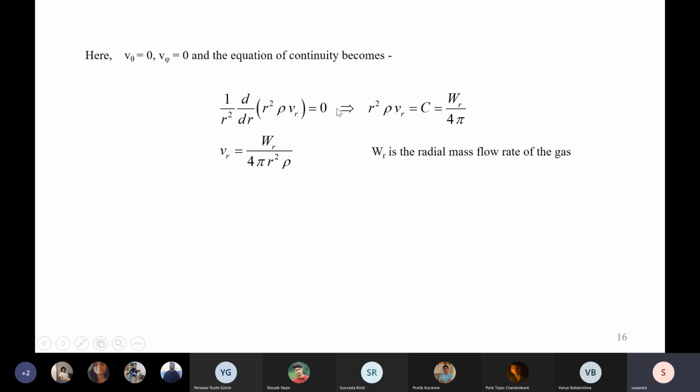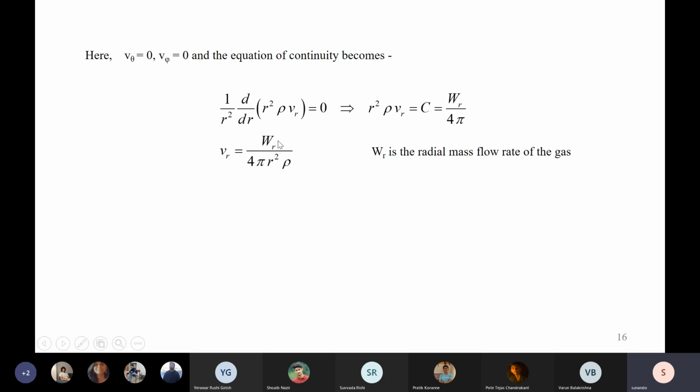As we have seen before, it is advisable sometimes to start with the equation of continuity because it gives me a functional dependence of Vr on other parameters, essentially how Vr is related to R, the radial direction in the system.